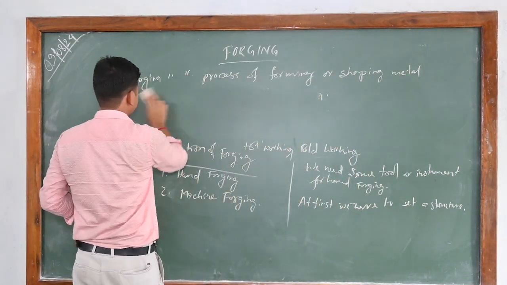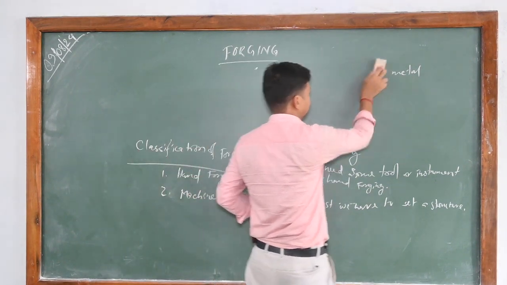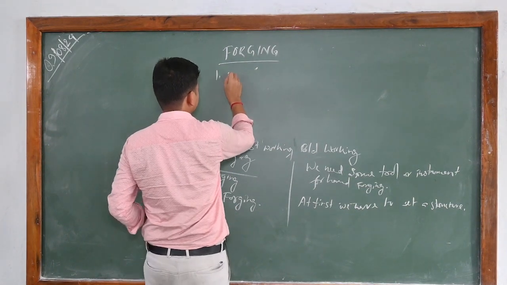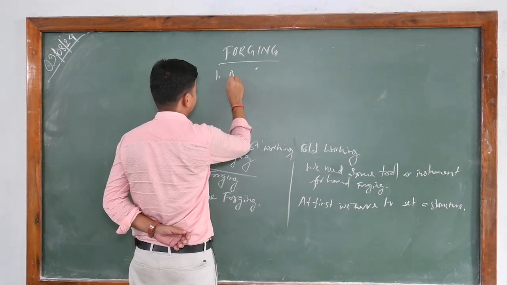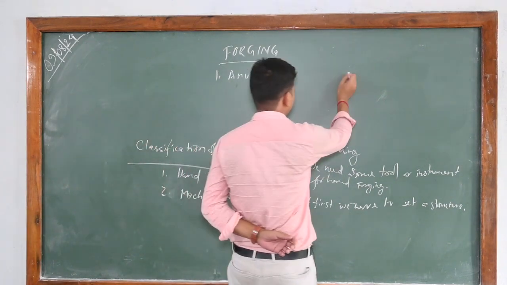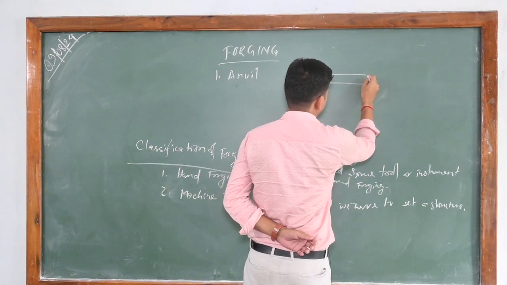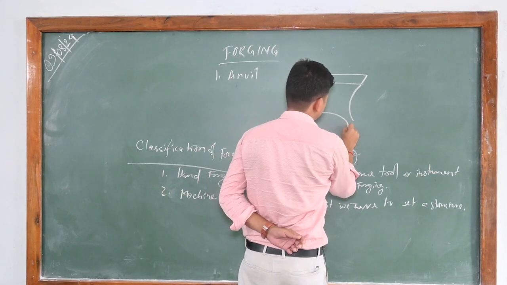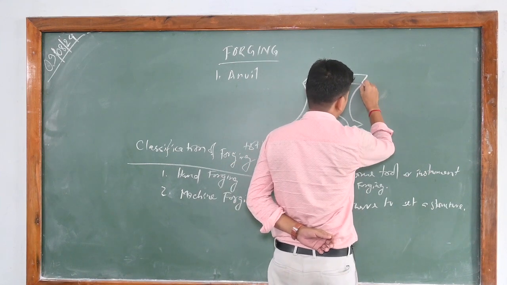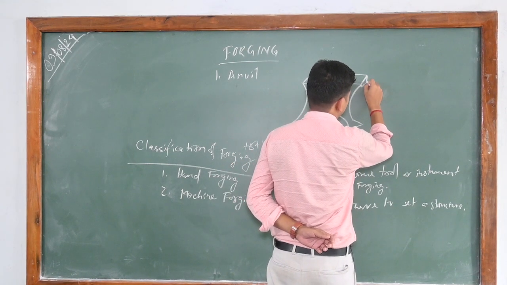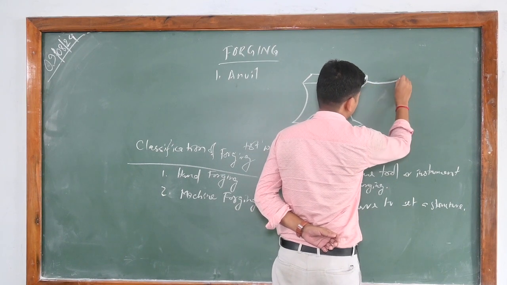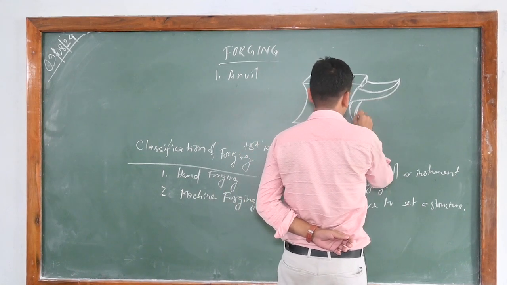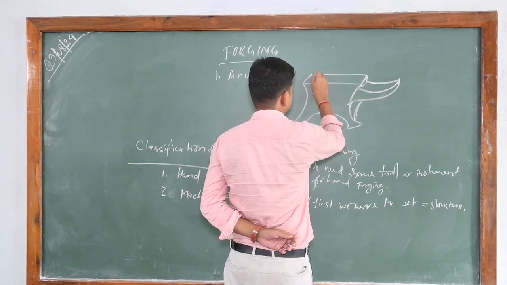Now we are going to enlist the tools required for hand forging. At first the tool required for hand forging is the anvil. Anvil is the structure of that type.